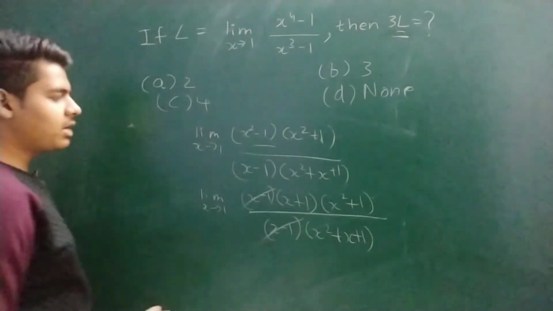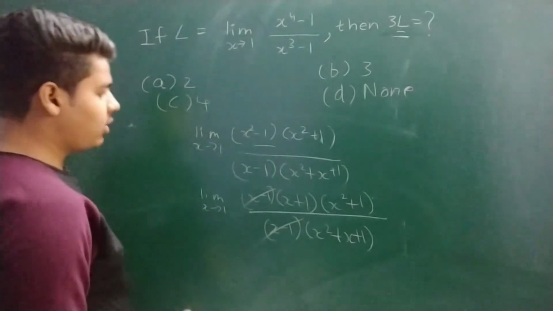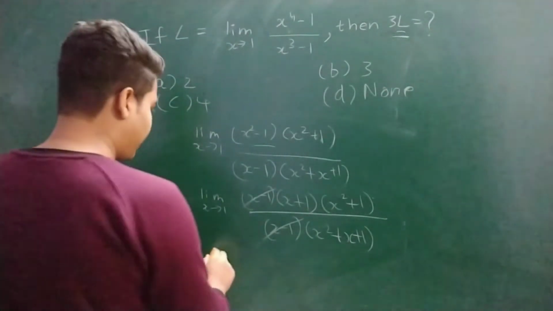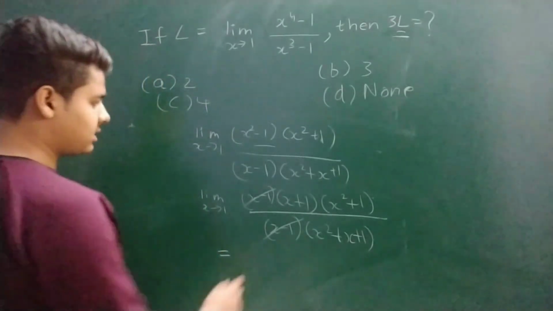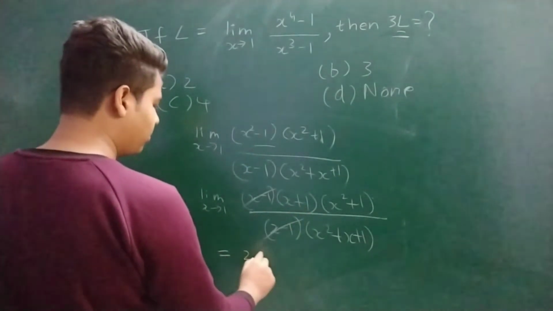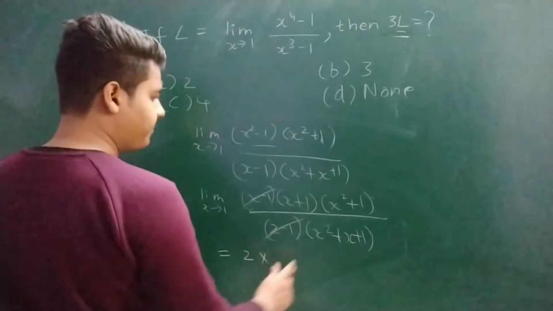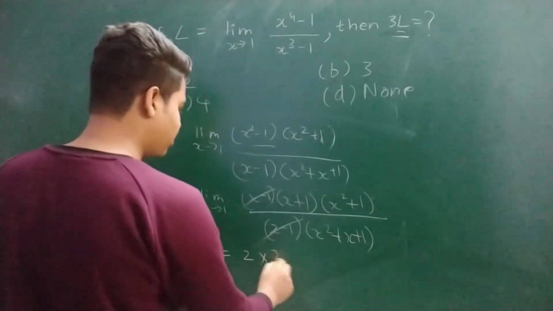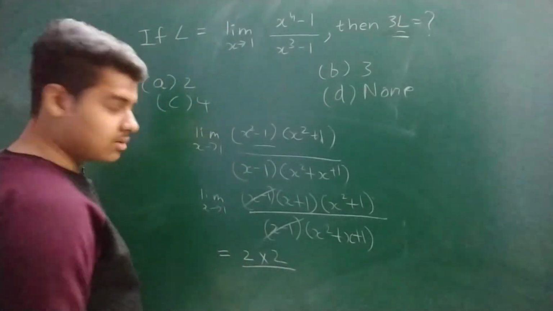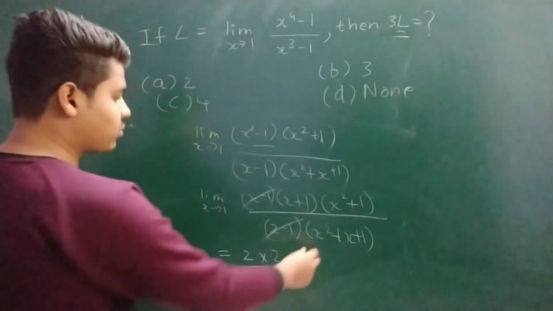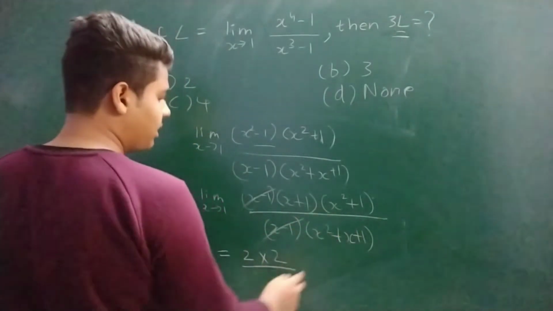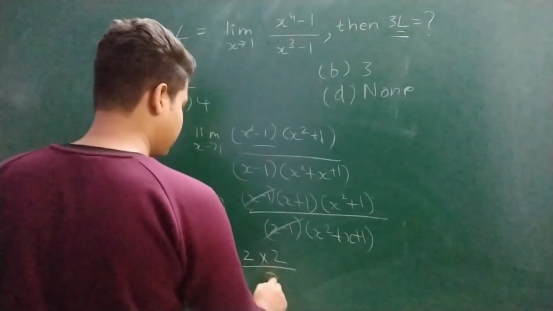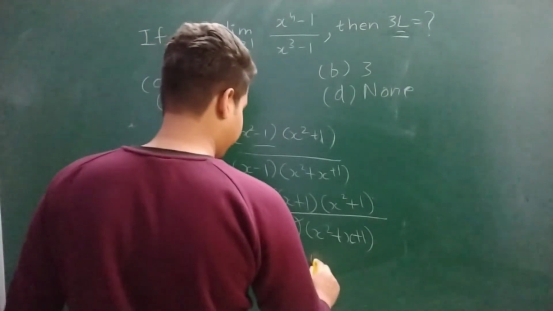Now we simply replace the value of x with 1 because x is tending to 1. By doing this we get 1 plus 1, which is 2, multiplied by x squared plus 1, which is 1 squared plus 1, again 2, divided by x squared plus x plus 1, which is 1 plus 1 plus 1, that is 3. So this is 4 by 3.